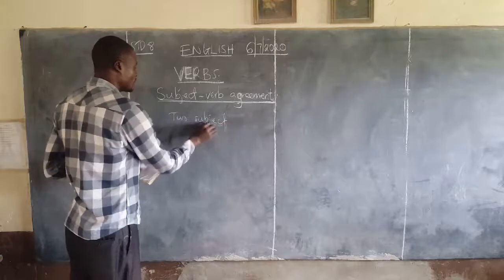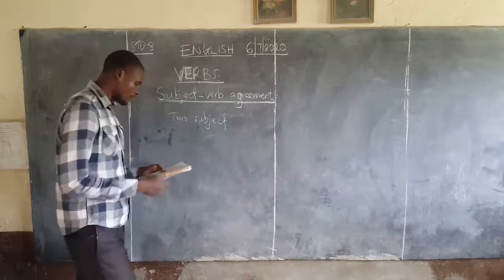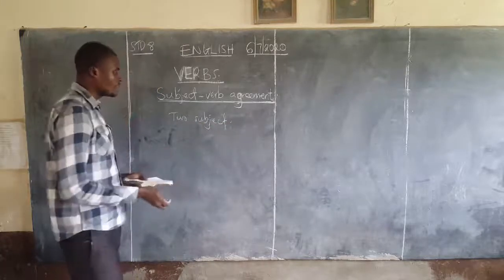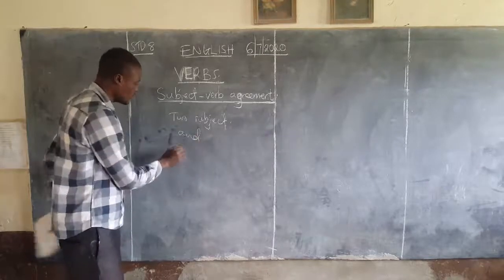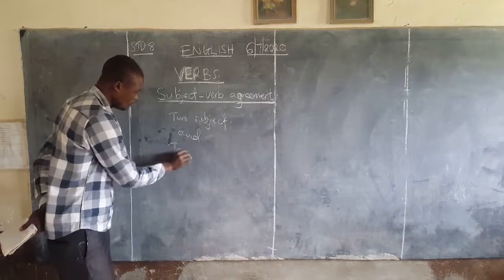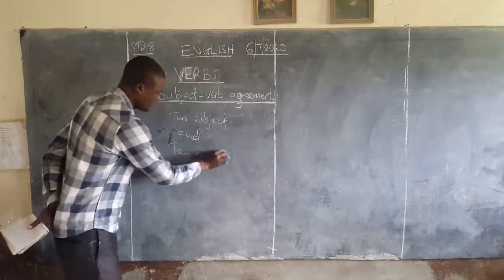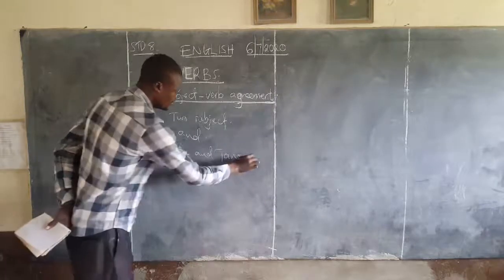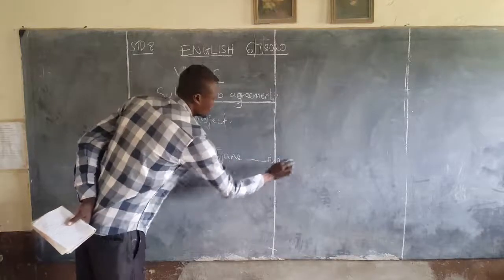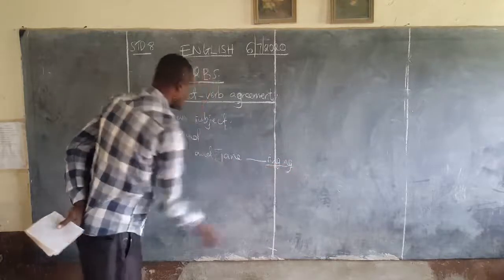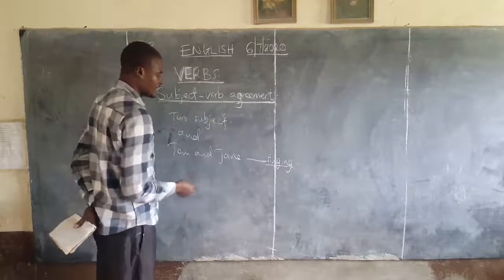When given two subjects, and those two subjects are joined with the conjunction and, a number of times you normally see Tom and Jane, dash, singing. I decided to use the word singing, so let's just use that verb. Tom and Jane, dash, singing.